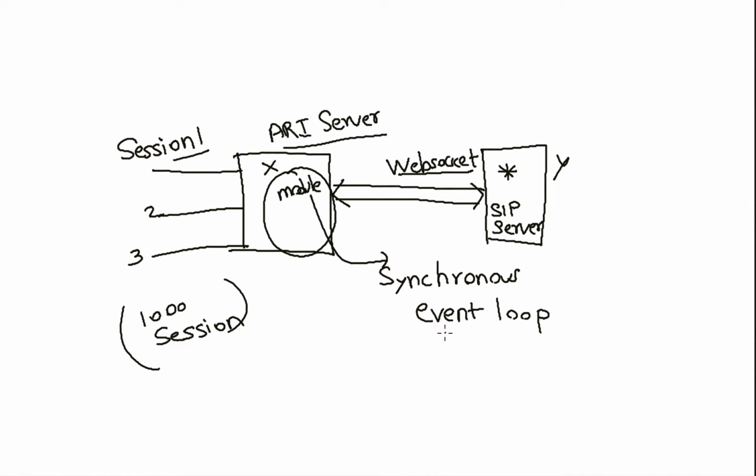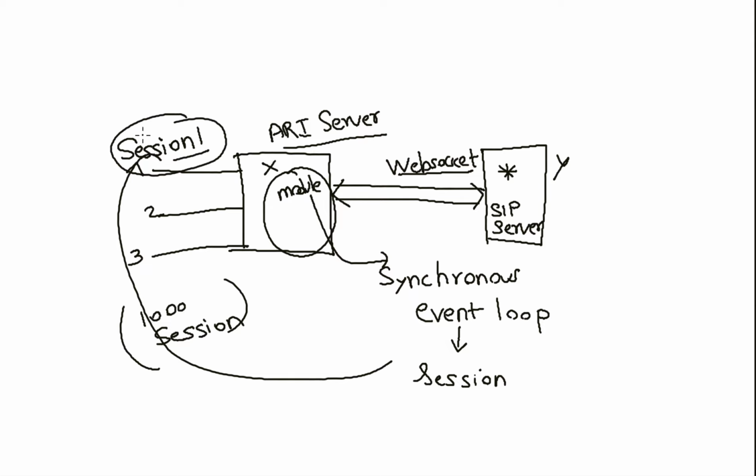And when an event is received, it parses that event and identifies the session. Depending on the session ID, it hands over that particular event to the corresponding session. So this session now feels that it has received the event asynchronously, whereas behind the scenes we know there is a synchronous event loop.